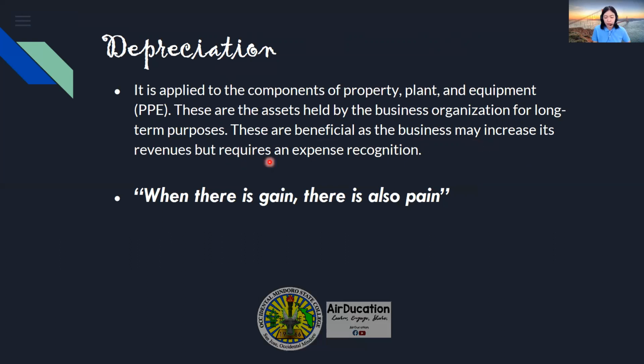Of course, if we use that asset to earn revenue, we cannot earn without properly using that particular asset.